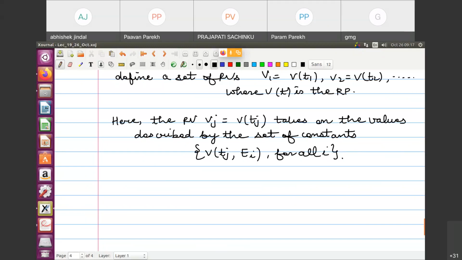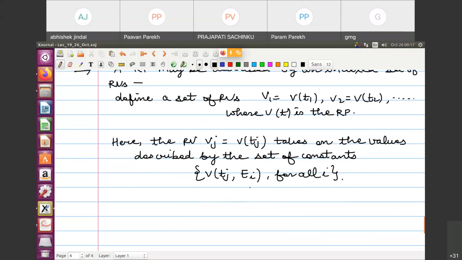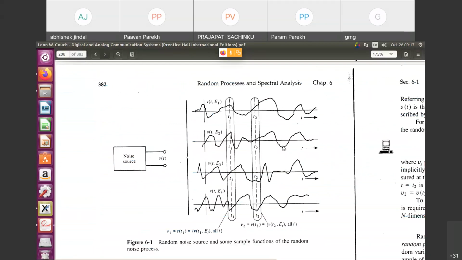So this is what I think you can read. So the random variable, how we had extracted, we said that we will fix the time. So we have fixed a time that is T of j. So at T of j, we say that the random variable is V of j. Now, what are the possible values which V of j can take? That will be described by: you fix time and you vary E now. Okay, that is what is being done here.